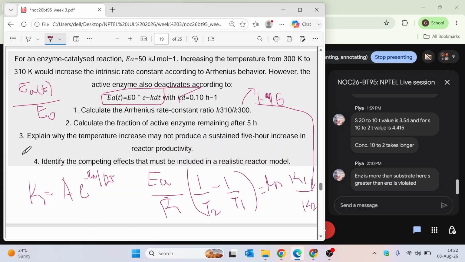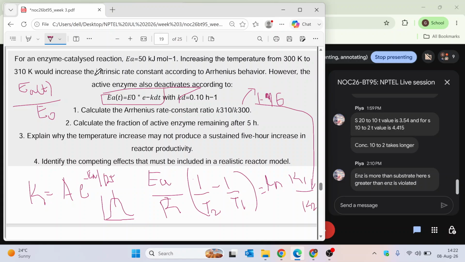Yeah, when increasing the temperature, we can expect an increase in reactor productivity, but at what cost? That is the question. So this enzyme is also dependent on temperature, only up to a certain temperature. When you see the relevance of enzymes to temperature, I hope you remember that you would have always read about a bell-shaped curve. Only up to a certain level, you will see an increase in the performance. After that, it is going to decrease because your enzyme is going to get deactivated.